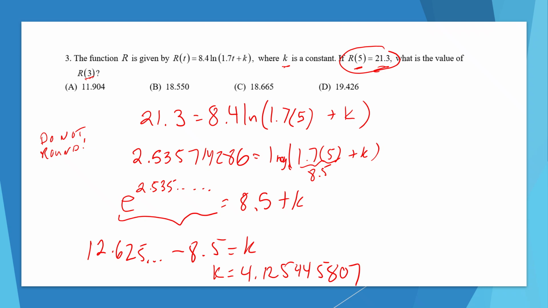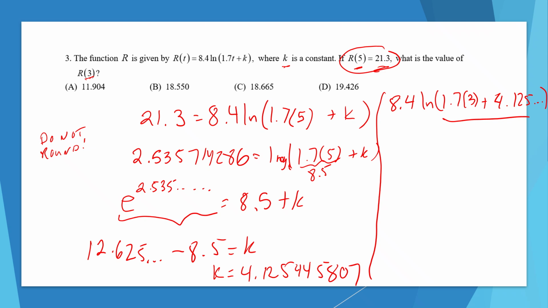And then we want to use this to find r of 3. So here you're going to plug 3 in for t, but we know k now. So 8.4 ln 1.7 times 3 plus 4.125 dot dot dot. I'm first going to evaluate the inside. So 1.7 times 3 is 5.1. And then I'm going to add that to my long decimal 4.125 dot dot dot to get 9.225 dot dot dot.